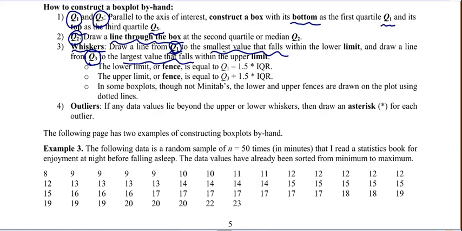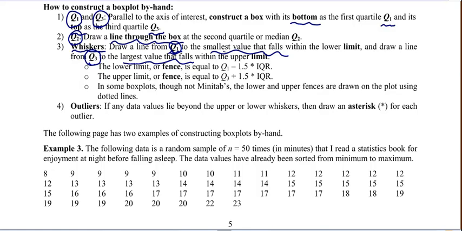The limits are also called fences, and some people use dotted lines to draw them in a box plot. They're cutoff values that say if you're beyond a fence, the value is somewhat unusual or unexpected, and that's when we denote it as an outlier with an asterisk.